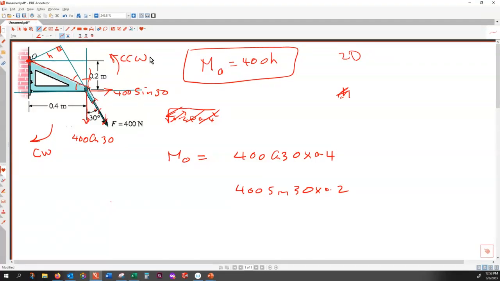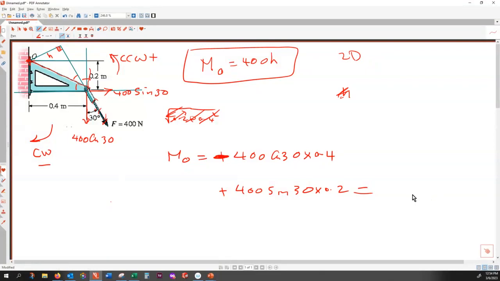So counterclockwise, I assume, is positive, and clockwise I take as negative. So I have to add these two terms together. If my result is positive, the entire rotation is counterclockwise.